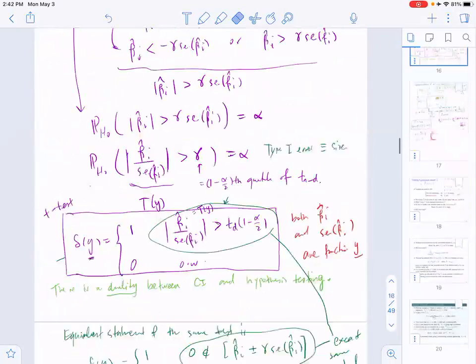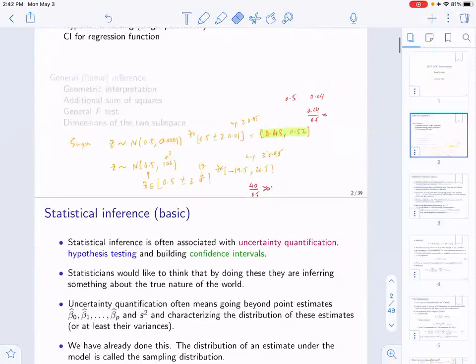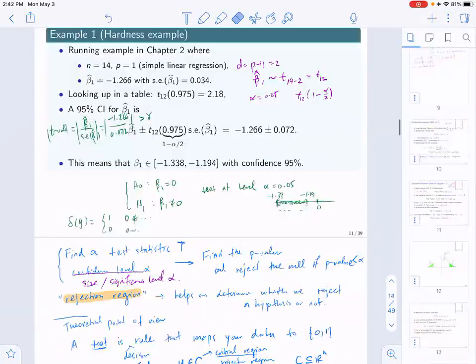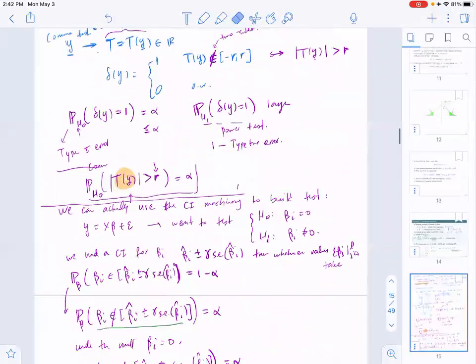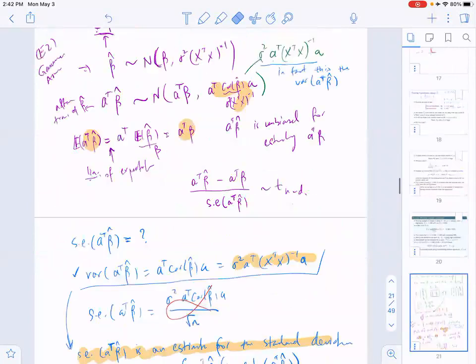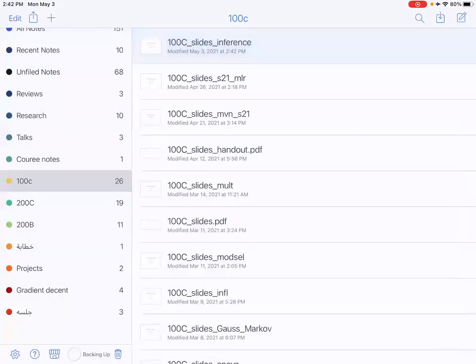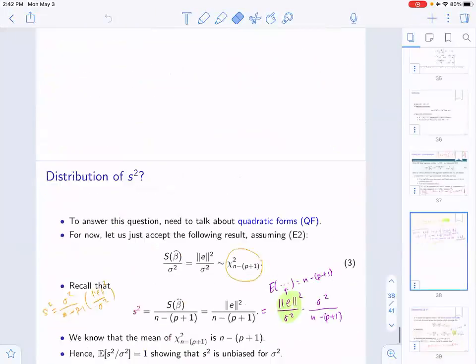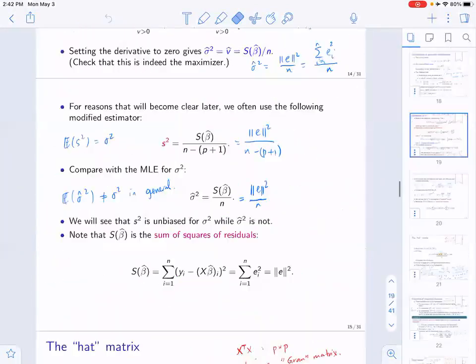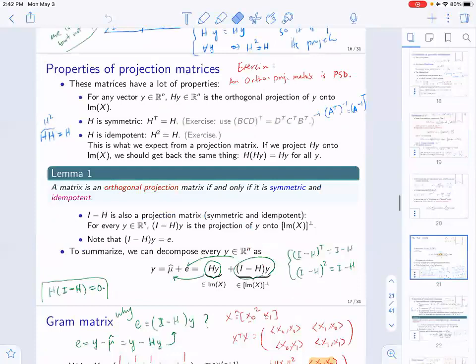So let's go back way up. So let's go back to here. So this is the geometric picture that you have to remember.